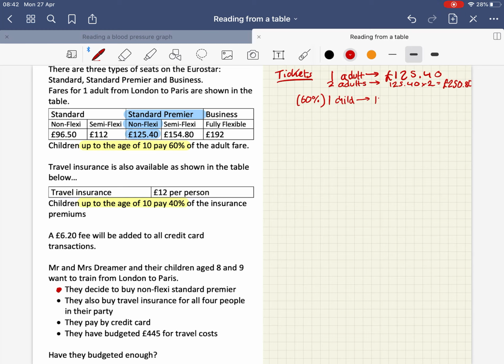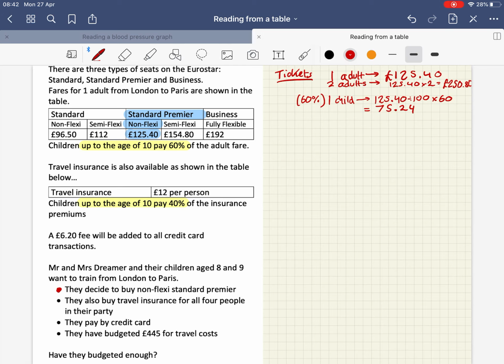So I'm going to take that normal cost of the ticket and find 60%. And that would be £75.24.